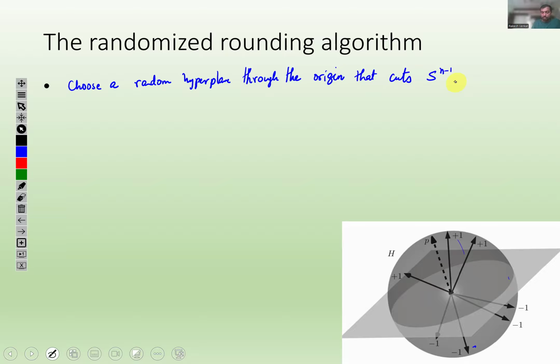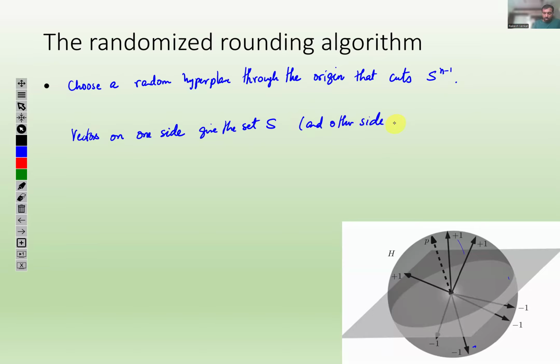Pick the vectors that lie on any one side, and the corresponding vertices are going to form S. I don't care which side you choose, because finally I'm outputting a partition S and S complement, and either one can be S. Okay, so is the algorithm clear?